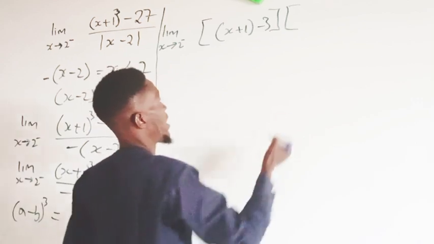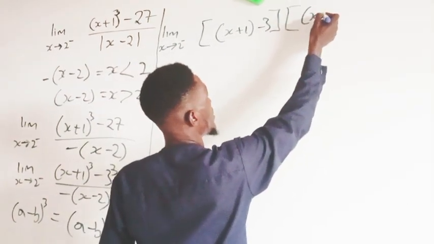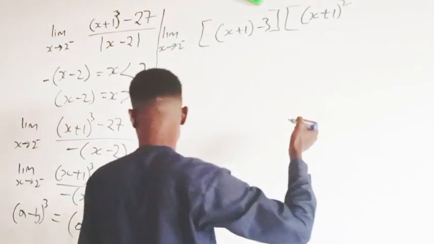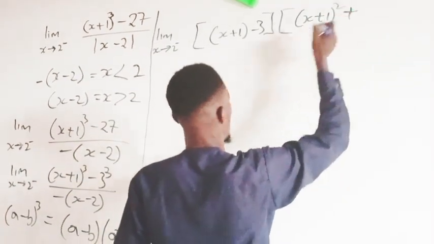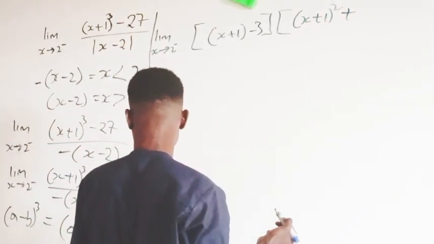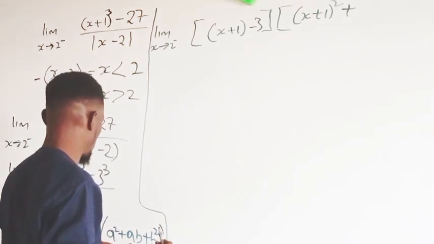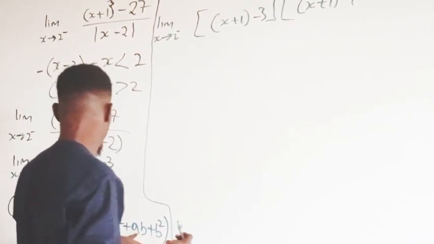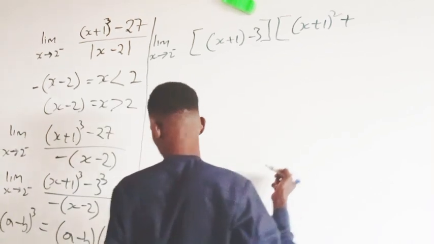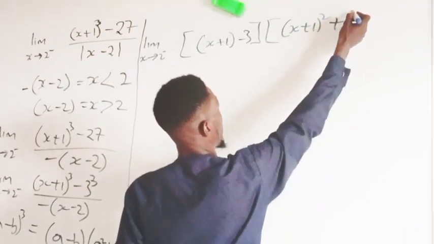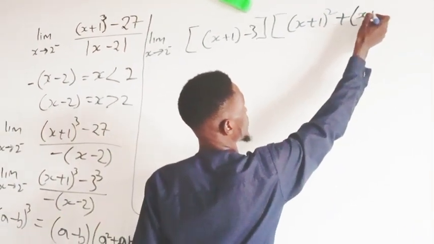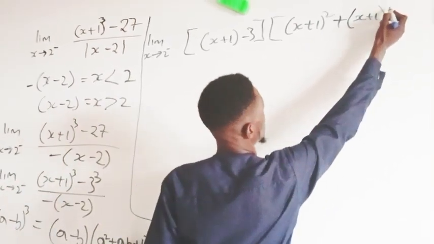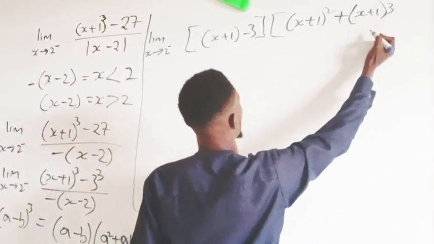Our a square is what? x plus 1 square. Plus our ab, in this context all the values will be positive, okay? So it's going to be our a, which is x plus 1, and our b, which is 3, okay?